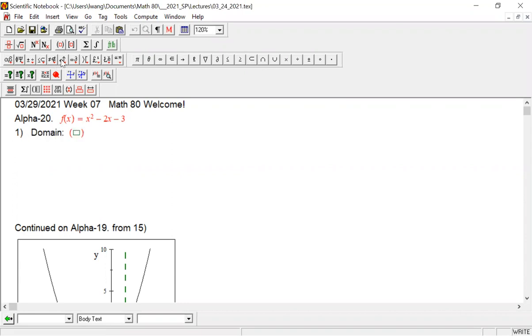What is a domain? Come on, guys, please participate. The more you do in class, the better you're going to understand. So what is the domain?